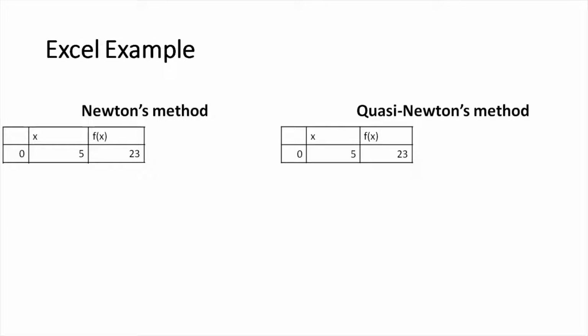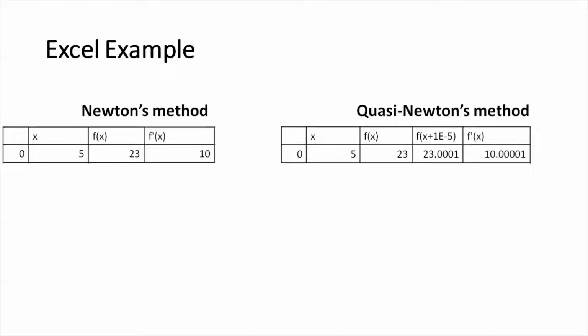And for quasi-Newton's method, we have to get a second value, which is with a very small change in the x value. So for this, we're going to do 1e negative 5. And we do that so that we can get the slope of the function by taking the difference of the two over the change in x.